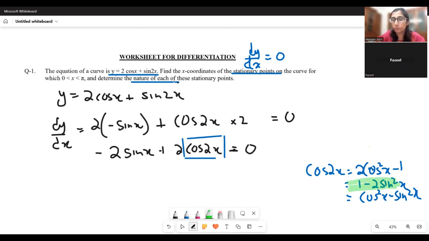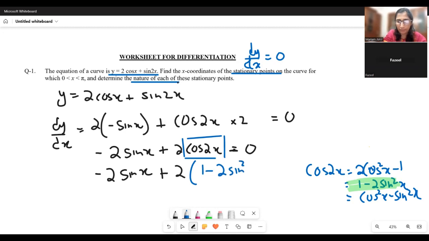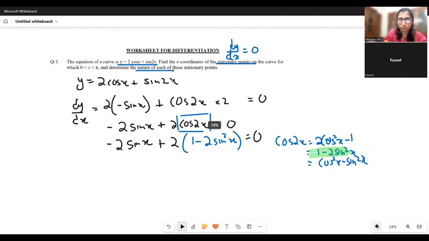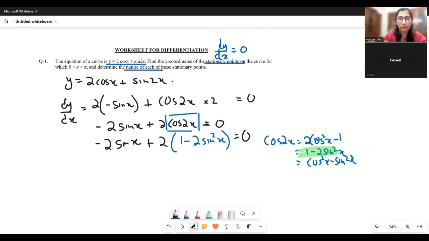So I get an equation in terms of sine x only. So this would be minus 2 sine x plus 2 times cos 2x, which is 1 minus 2 sine square x, equals 0. So minus 2 sine x plus 2 minus 4 sine square x equals 0.